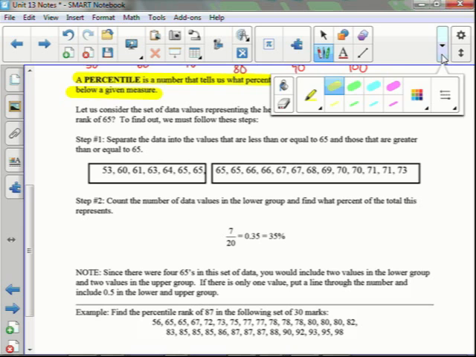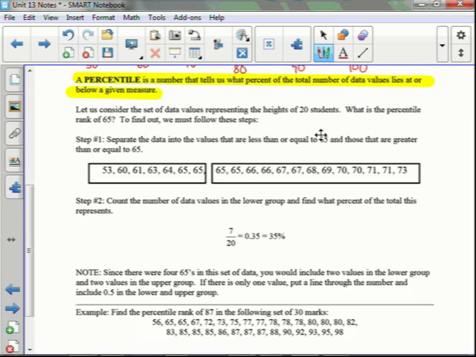Now, a great example of where you see this often is when you do some kind of standardized test. For example, the SAT. Many of you will take the SATs as part of your college entrance, and it might say that you score in the 85th percentile.